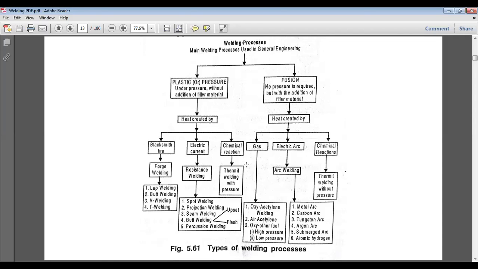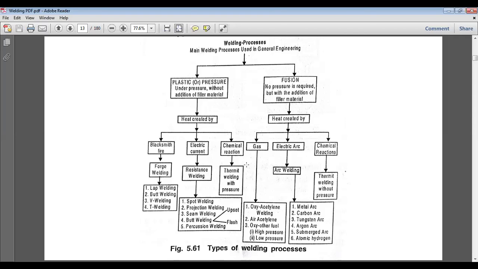So we have different gases burning in the presence of oxygen, because burning is possible only when oxygen is present. So it could be oxygen itself or air acetylene, oxygen acetylene, and other hydrocarbon fuels are used in the presence of oxygen, because of course oxygen is required for burning.